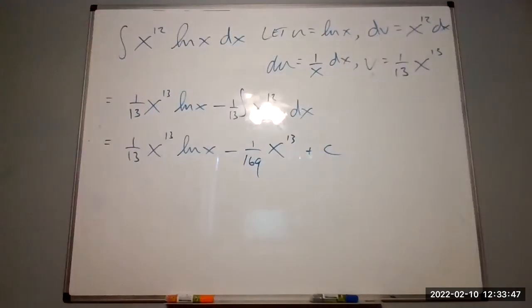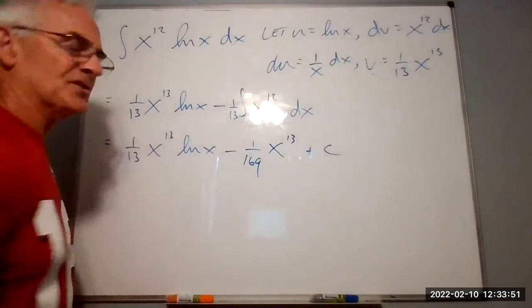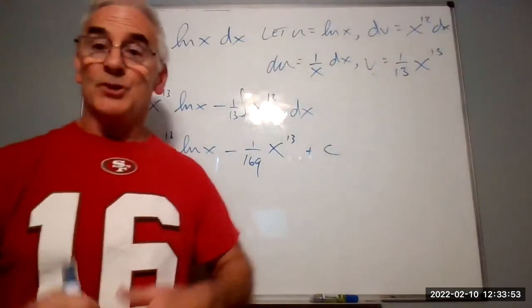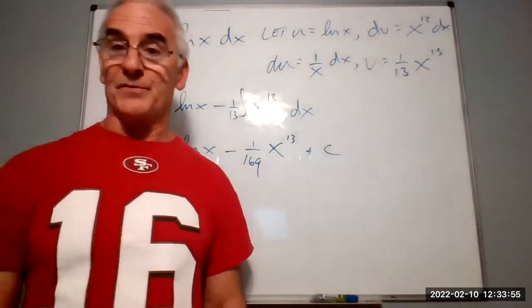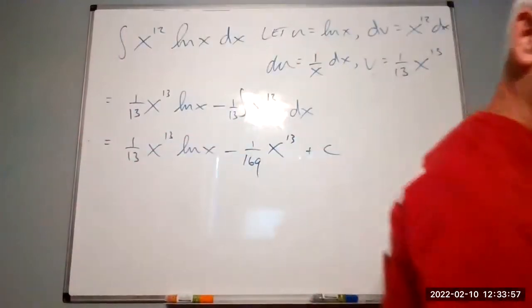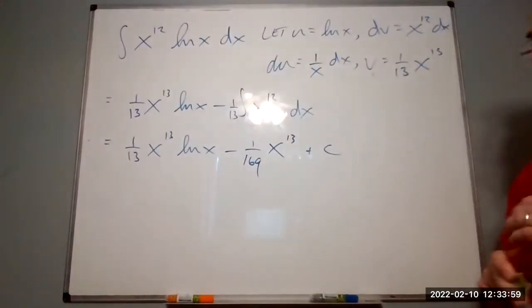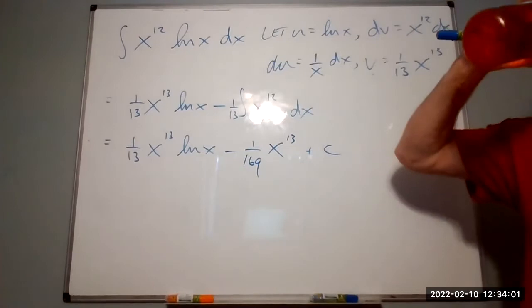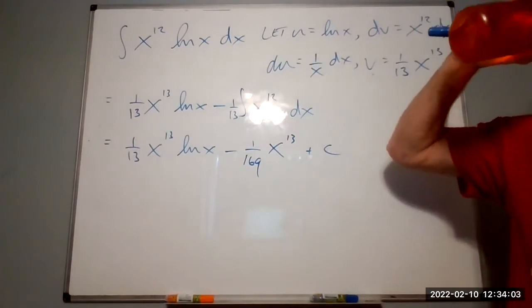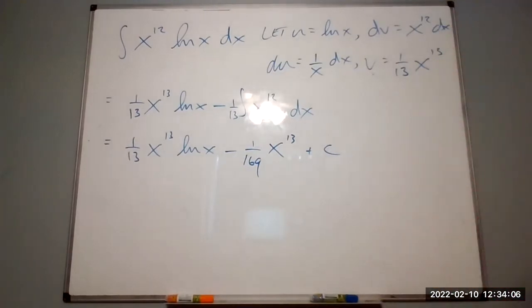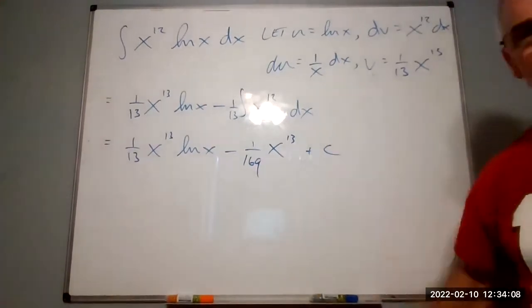Wow, that wasn't that terrible. Now, once again, because I have the same term showing up more than once, you may choose to factor it. You don't have to. You may choose to because you might find it convenient. So that wasn't too terrible.